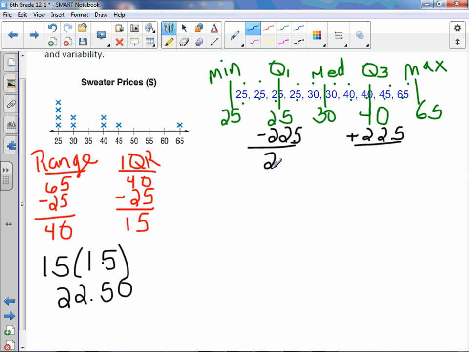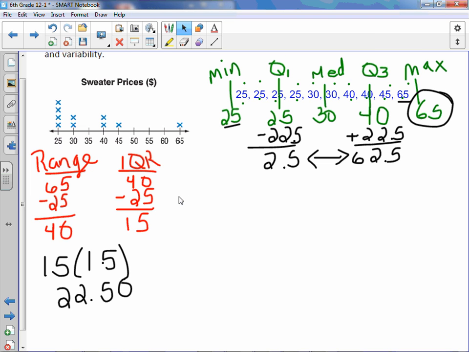When I do that, I get 2.5 and 62.5. So any numbers not in that range are considered outliers. My minimum of 25 is within that range, so 25 is not an outlier. However, 65 is not in that range, so 65 is an outlier.